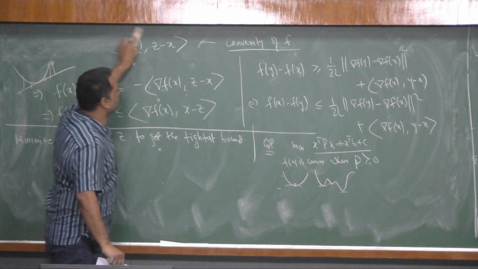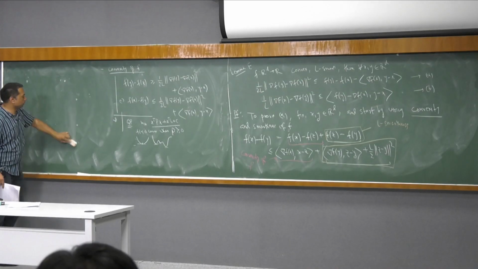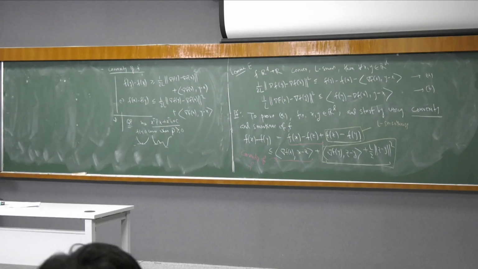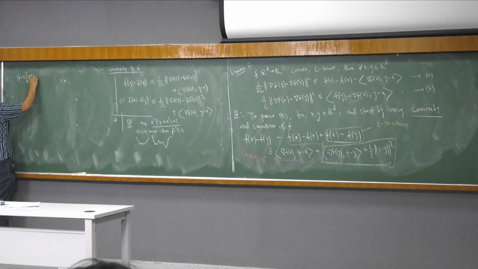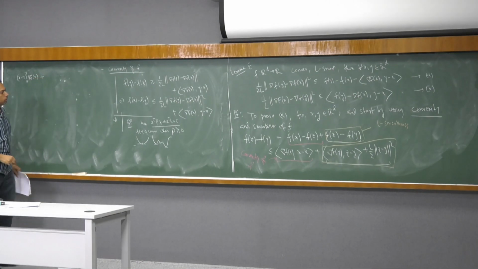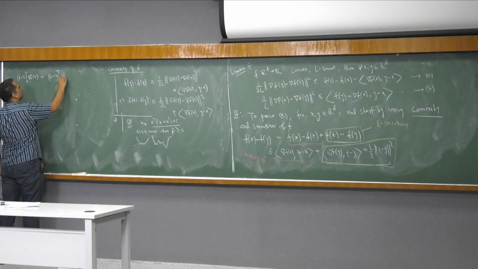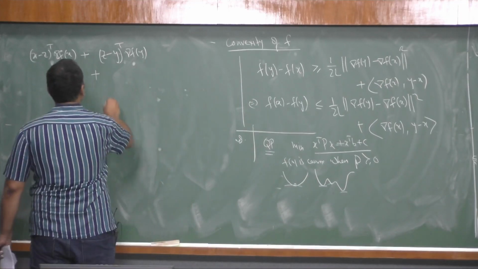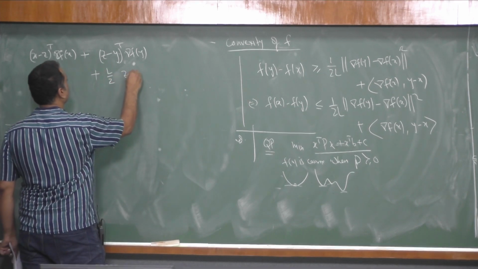Okay. So what this means is, if I see that as the inner product of grad f(x) with x minus z, that's just (x minus z) transpose grad f(x), and then the second term is (z minus y) transpose grad f(y), and then plus L by 2 of (z minus y) transpose (z minus y).